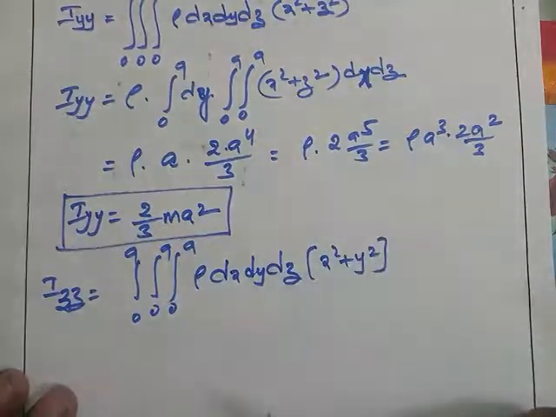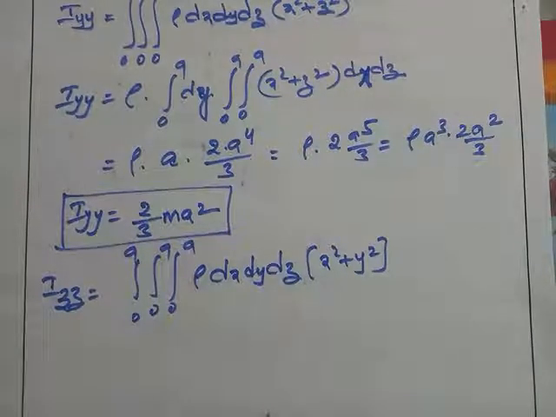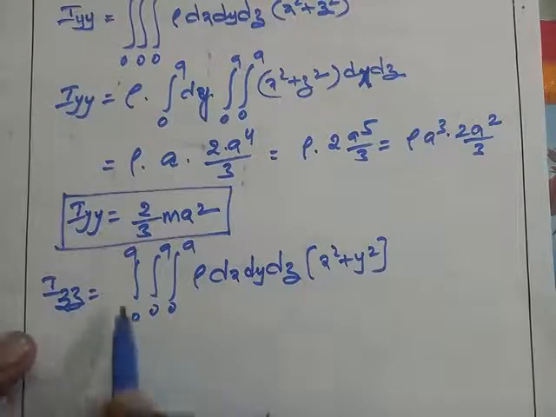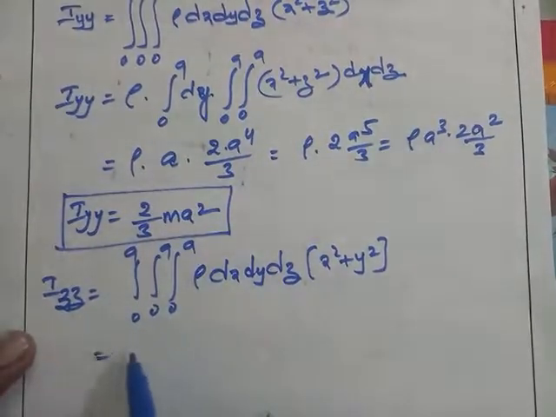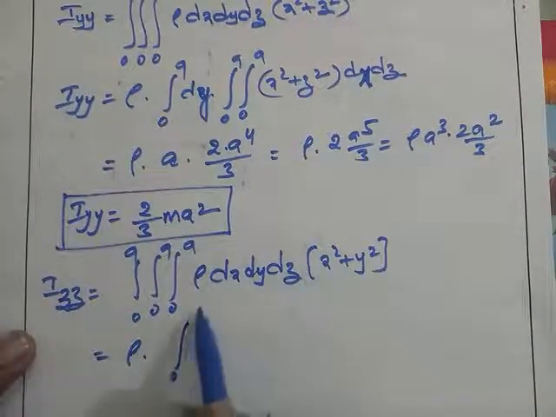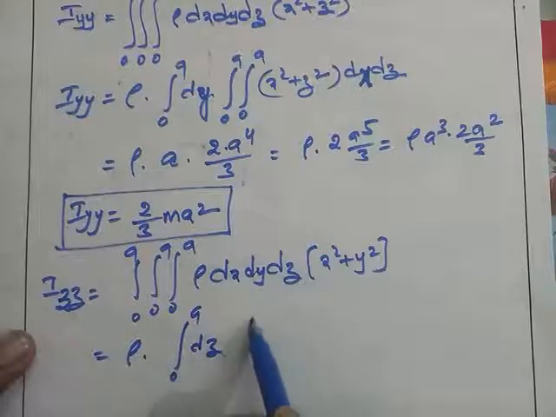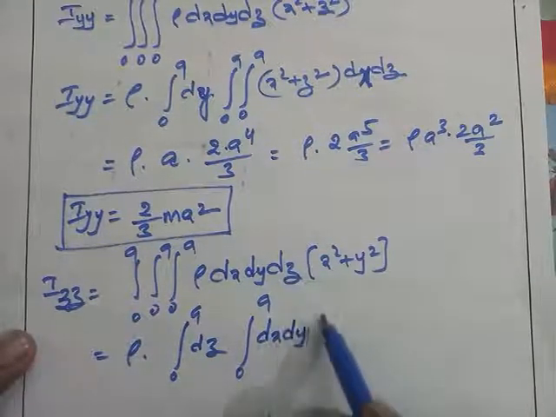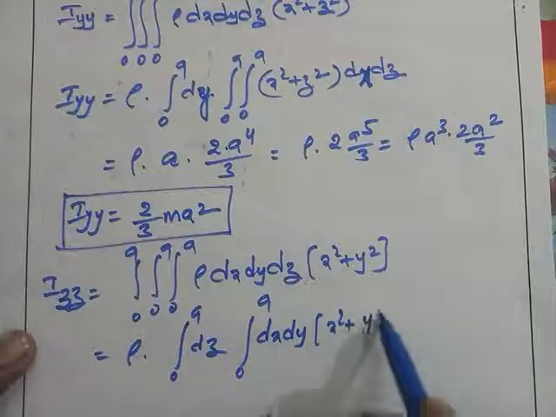There is no z square component because we are finding the moment of inertia along the z direction. Again we write rho outside, and 0 to a dz, and 0 to a dx dy, and x square plus y square.